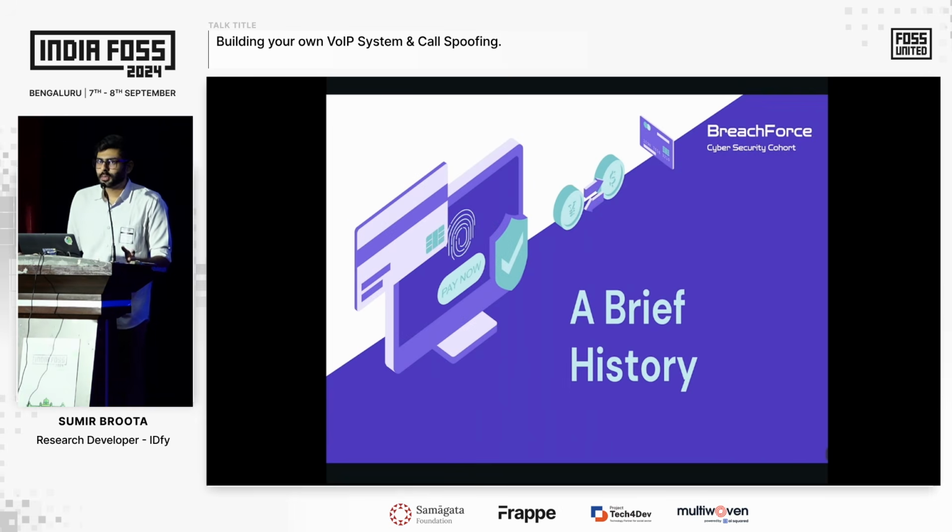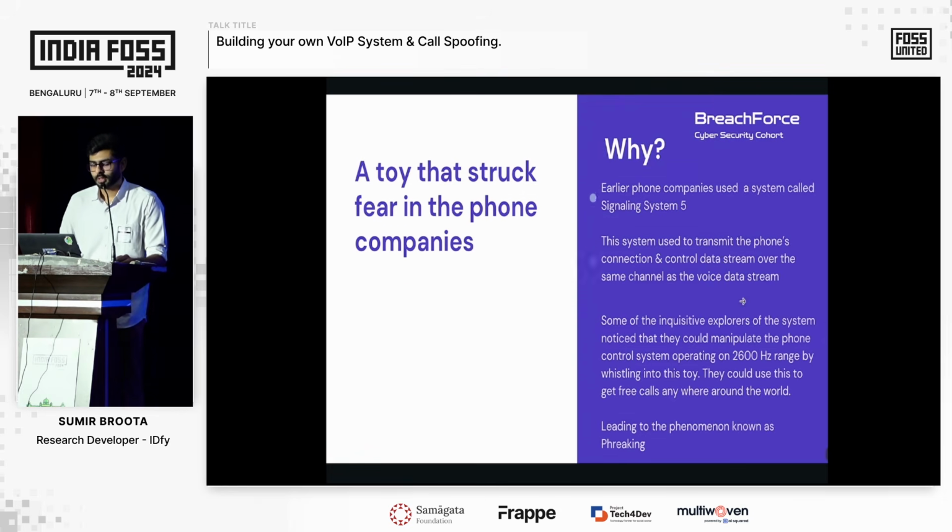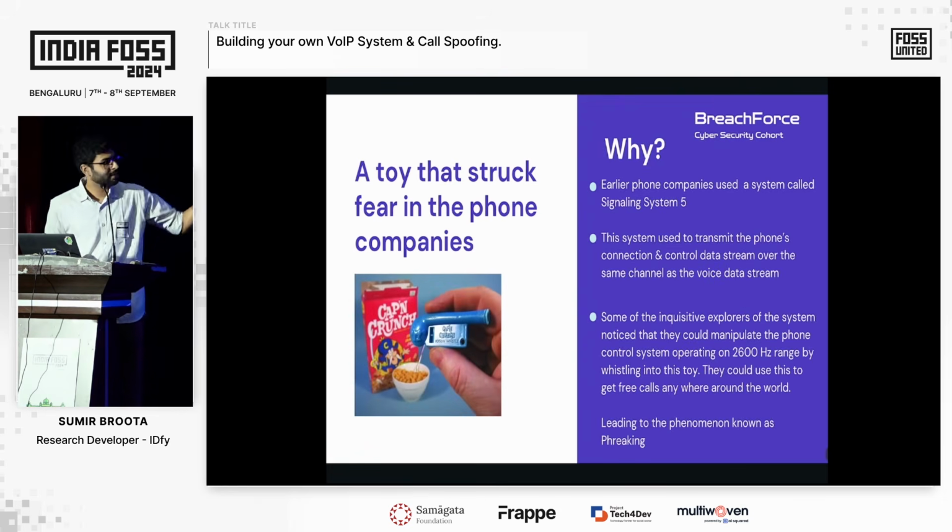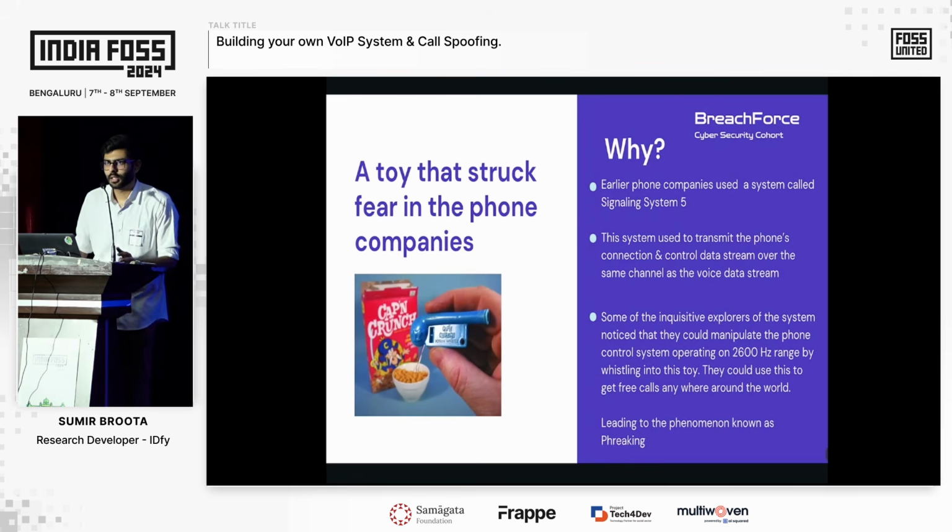So let's start with a brief history of the phone systems, of course. Now, you would notice here there's a toy. This toy actually struck fear into the hearts of all telecom providers way back, way before computers became commonplace in our society. Older phone systems used something called signaling system, which used the same channel for processing your voice data and also for transmitting the signal data that defines where you're calling and who you're calling.